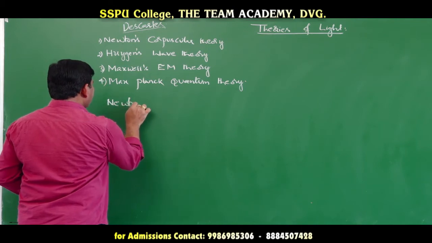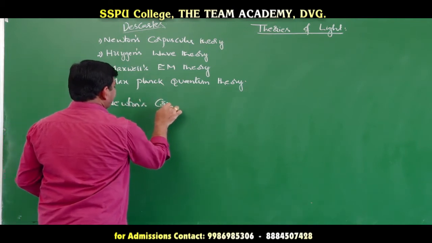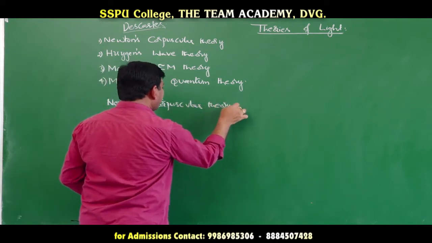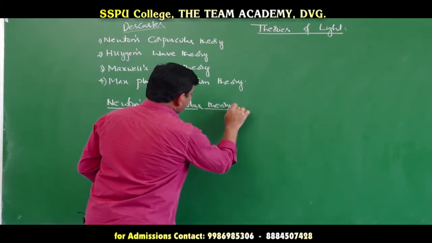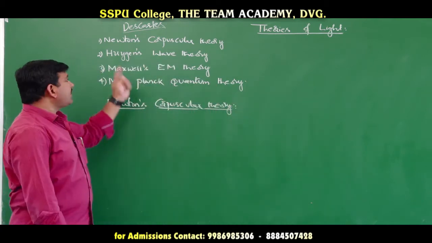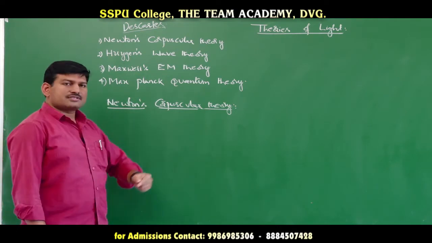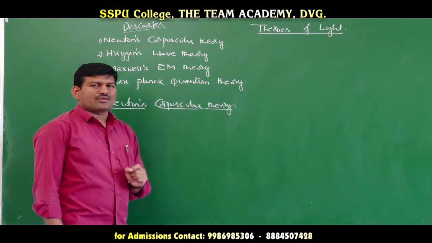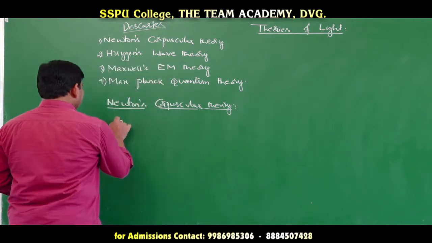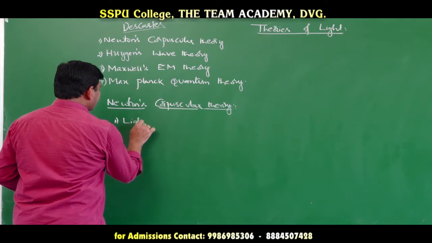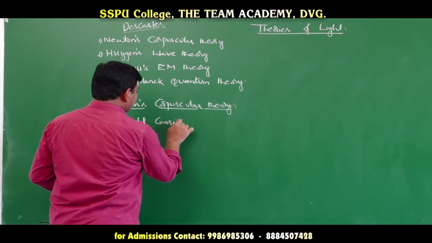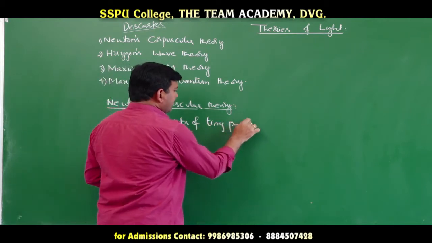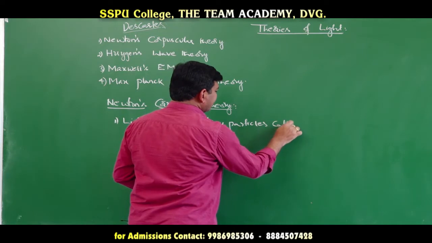The first point: light consists of tiny particles called corpuscles.